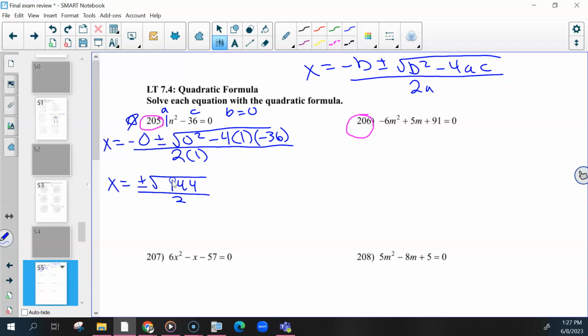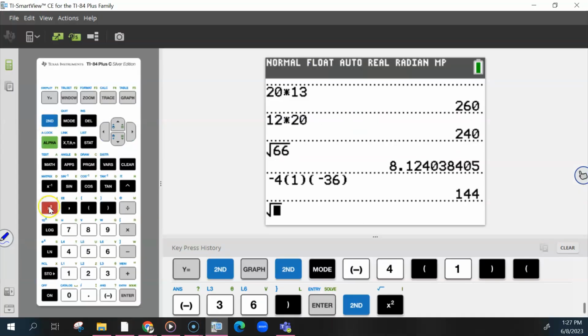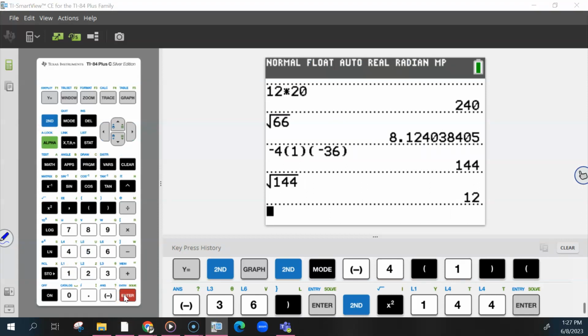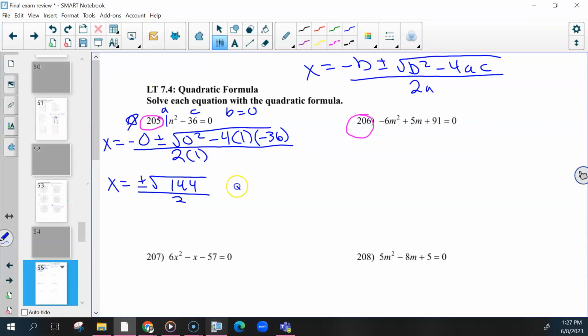Then you would look and see, is the number underneath the radical, or underneath the square root, a perfect square? This one is. And you would simplify it. Then you would separate it, do the negative and then the positive version.